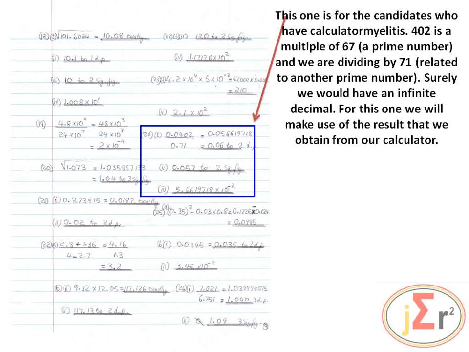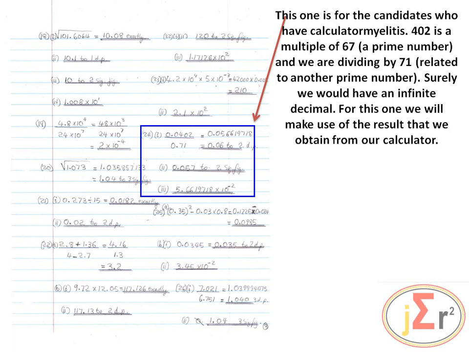This one is for the candidates who have calculator myelitis, which is the new disease in schools these days. Calculator myelitis. 402 is a multiple of 67, and 67 is a prime number, and we are dividing by a number that is related to 71.